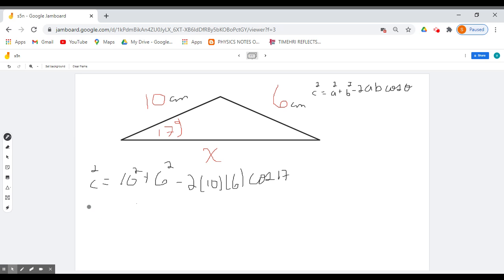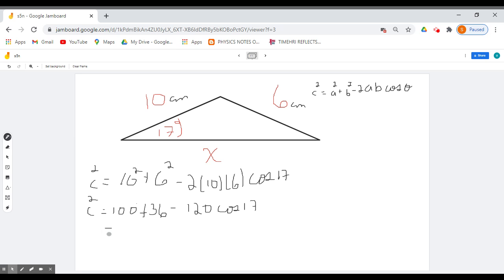So now from here, it's pure math. So c squared is equal to 100 plus 36 minus 2 times 10, that's 20, and 20 times 6, that's 120. So minus 120 cosine of 17.